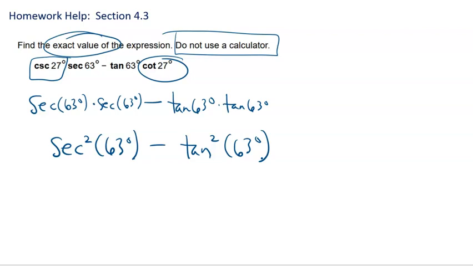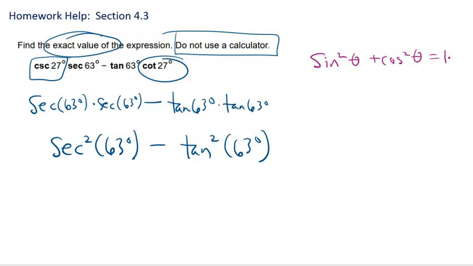But if you'll remember, and I'm going to change colors because I need space, whenever you have a trig function squared, you should have a little light bulb go off in your head that says, this is probably a Pythagorean identity. I don't ever remember the blasted things, so I start with the one I know: sine squared of theta plus cosine squared of theta is equal to 1.